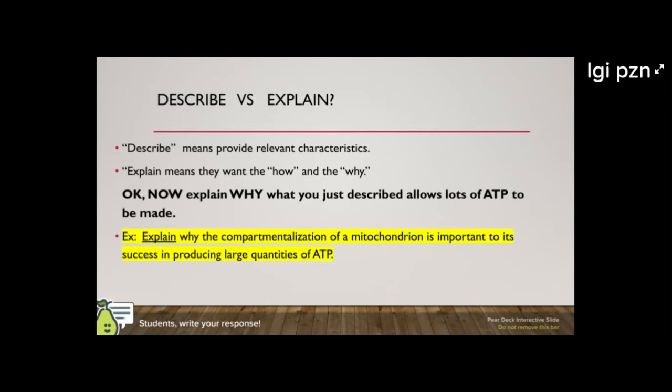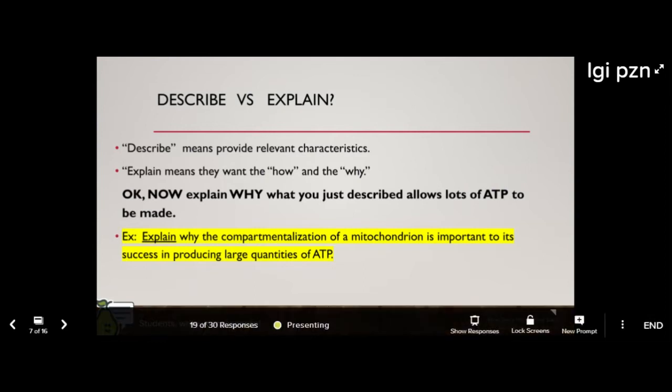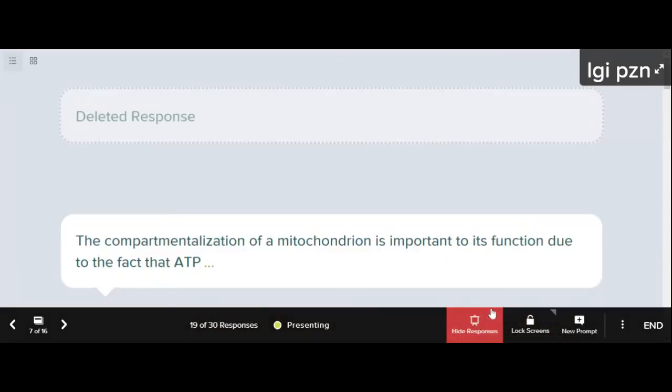And why was that so key in churning out a bunch of ATP? See if you can remember that. And it's okay to make mistakes here, okay? It's perfectly fine. This is the right place to try, the right place to make mistakes.